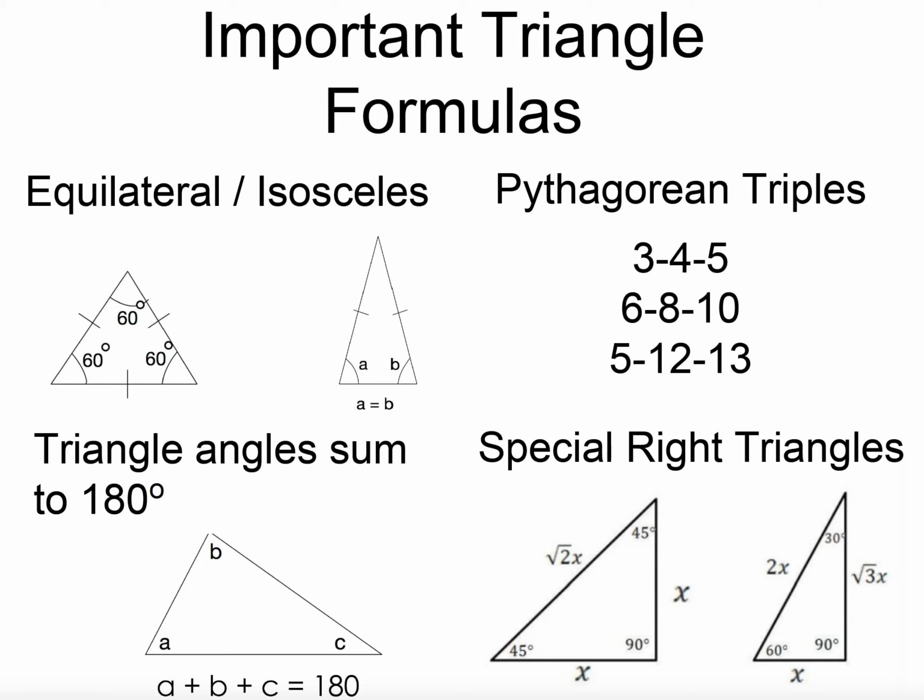Now, for the 30, 60, 90s, these usually come from equilateral triangles, where you already know that they have 60 degrees here in the bases and 60 degrees here up top, but you're going to divide this particular equilateral triangle in two.